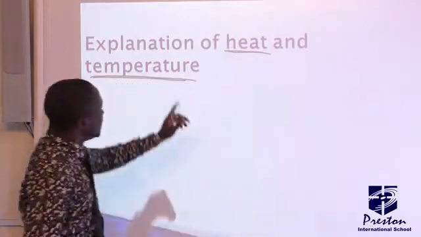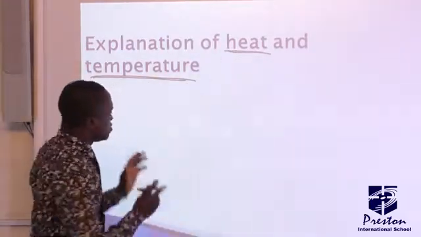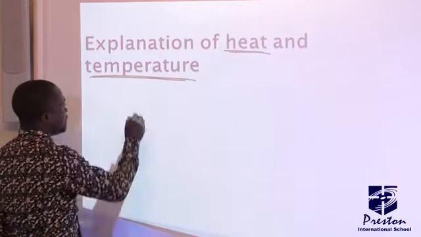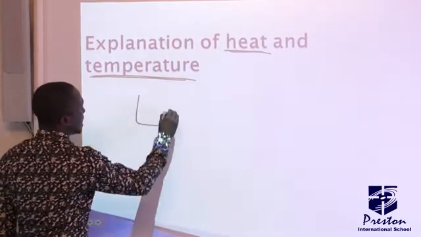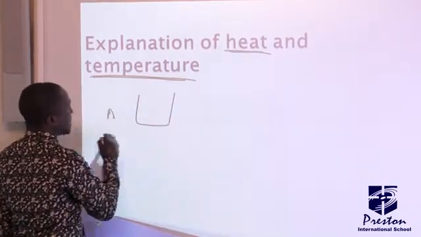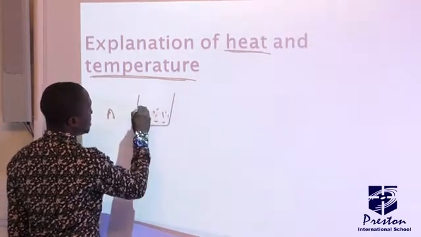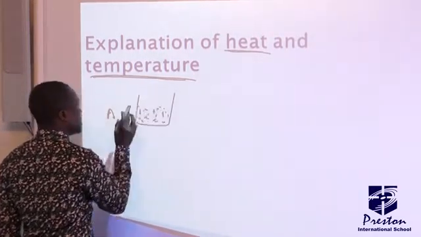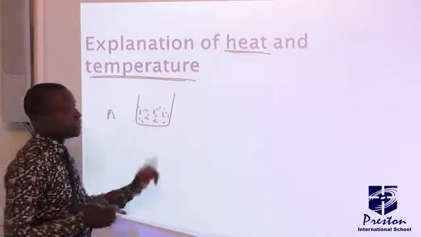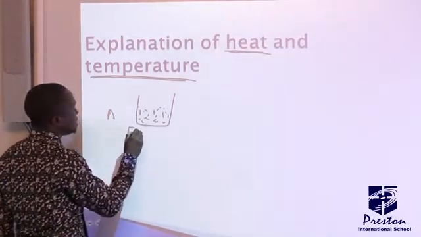Now, what is heat? Let me make a simple analogy for you. If you have a container, let's say container A, with liquid inside, and you measure its temperature with a thermometer, and it is at 50 degrees Celsius.